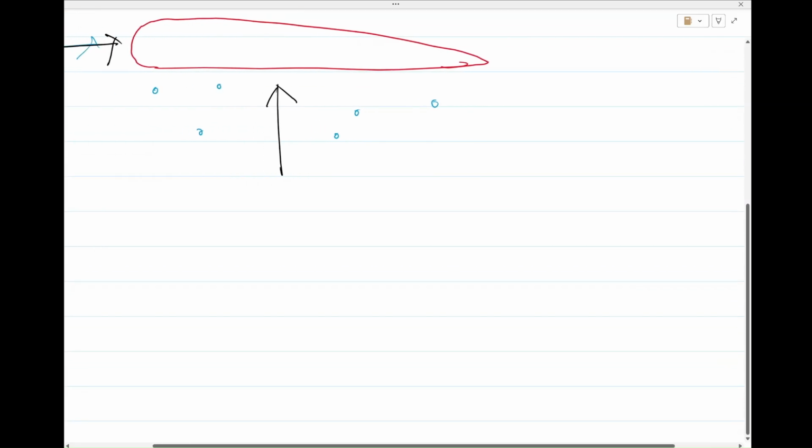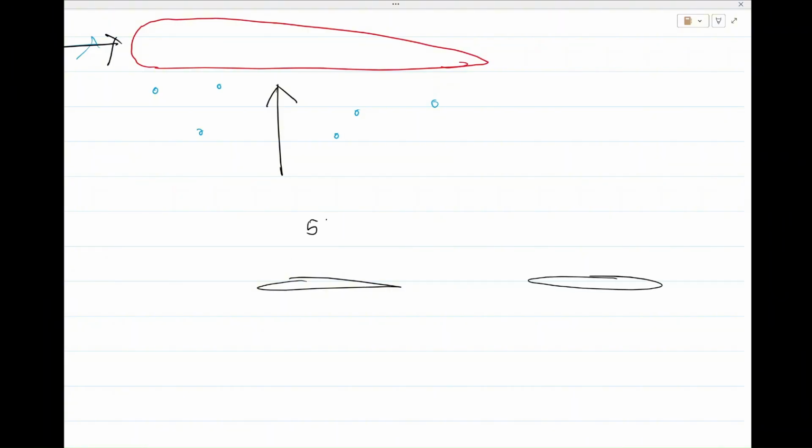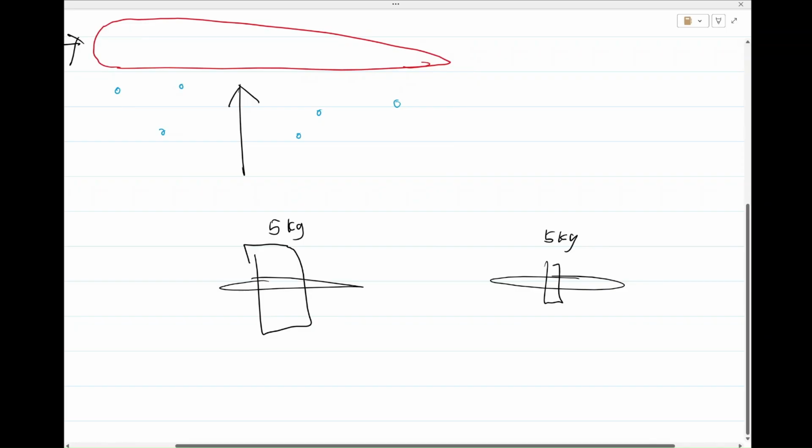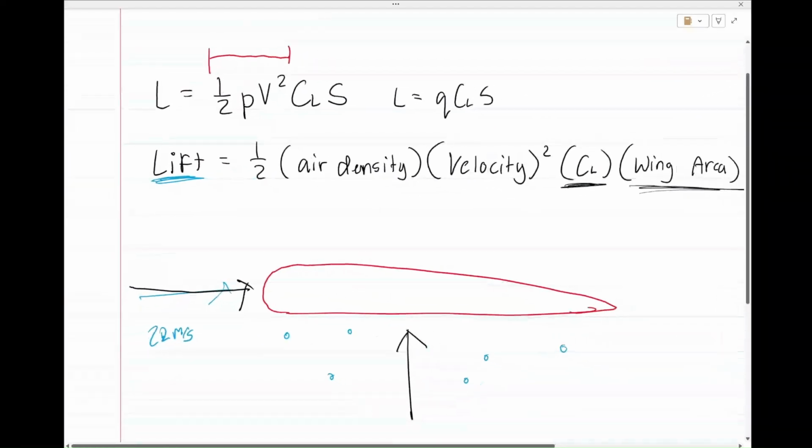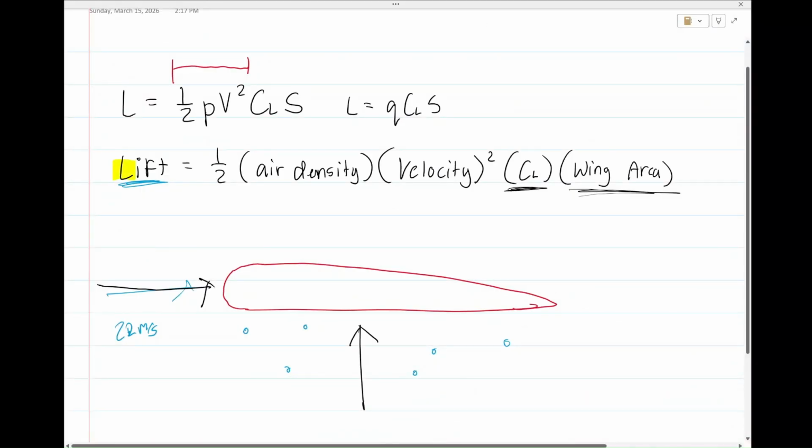Let's say you have two planes and they have the same weight. Say they're both 5 kilograms, but this one has a greater wing area compared to this one, right? That means, let's go back to this. We're trying to generate a certain amount of lift. Let's say we keep our angle of attack the same.